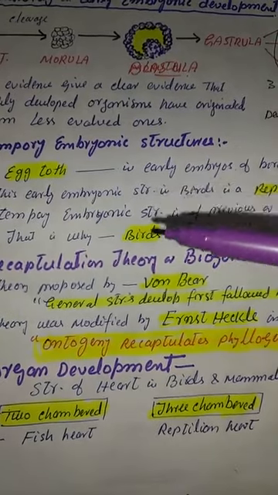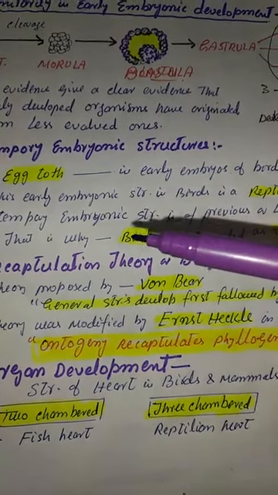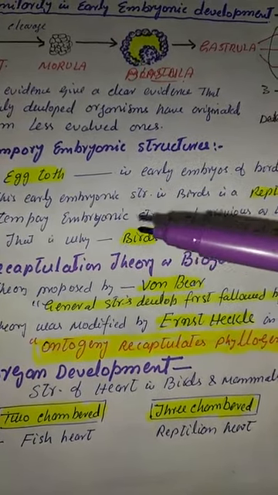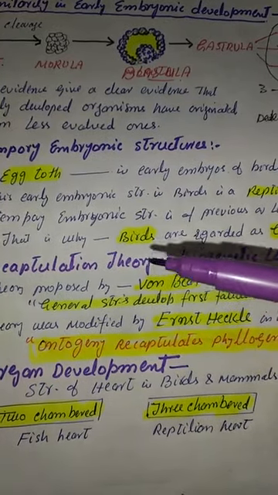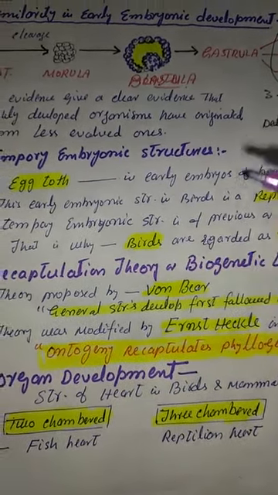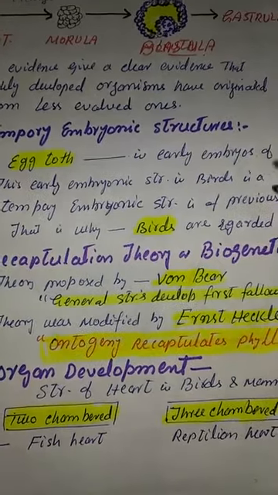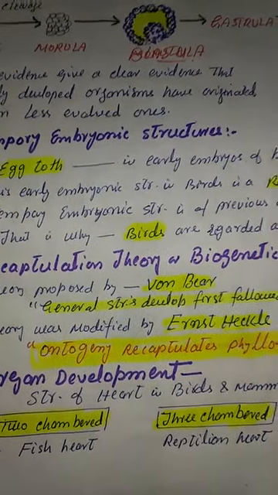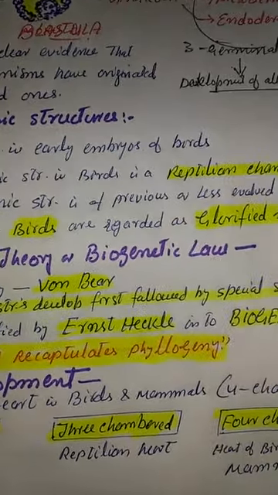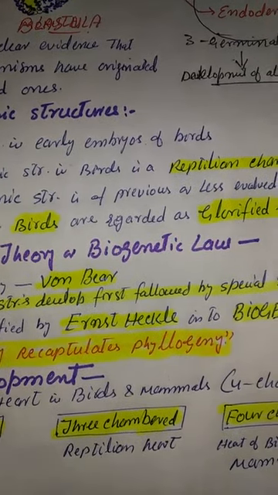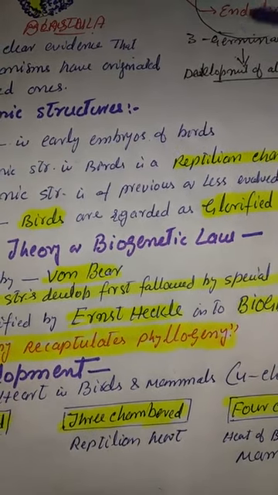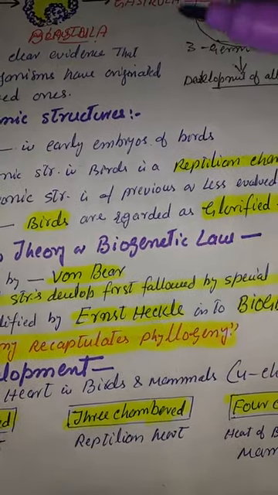The general structures include basic structures like brain, spinal cord, axial skeleton, aortic arches, which are common in all vertebrates. Now, the special structures like feathers in birds, hairs in mammals, they develop later on.